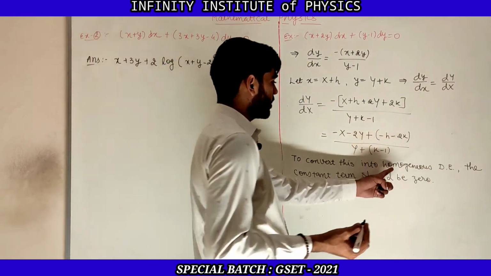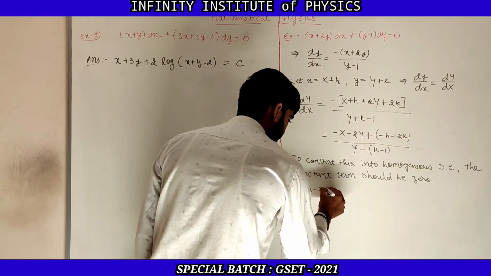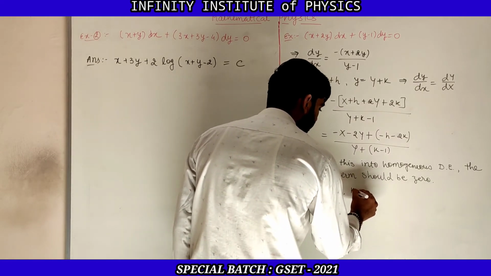That means both the terms are 0. So now minus h minus 2k is 0 and k minus 1 is 0.